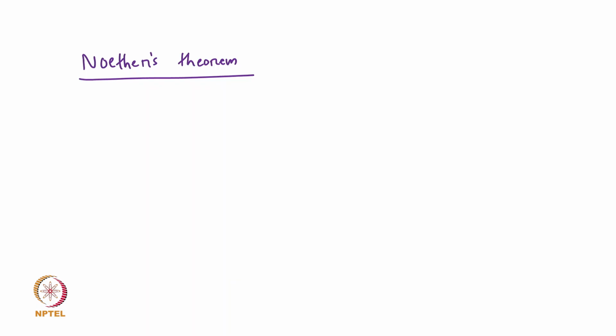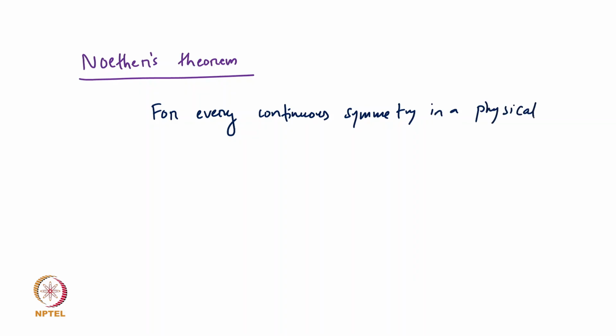This says that for every continuous symmetry in a physical system, there exists a conservation law.